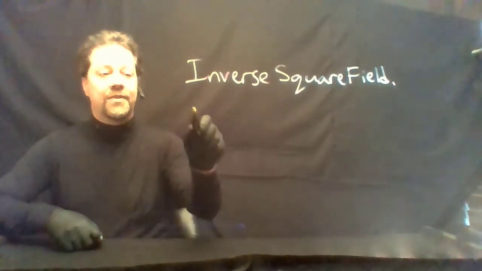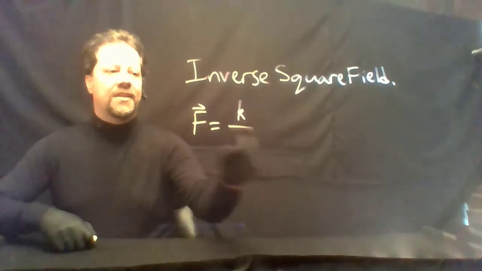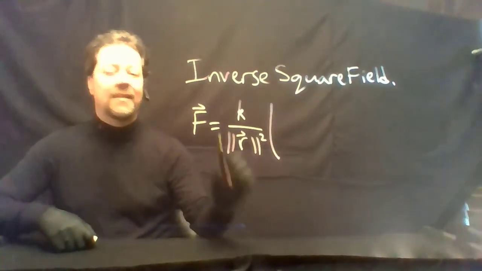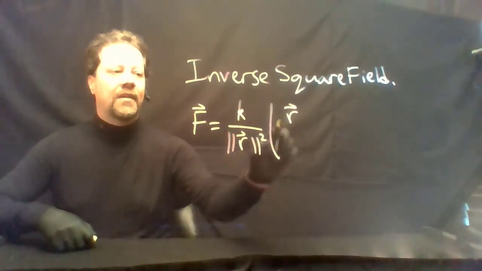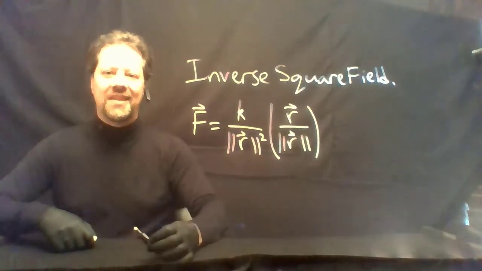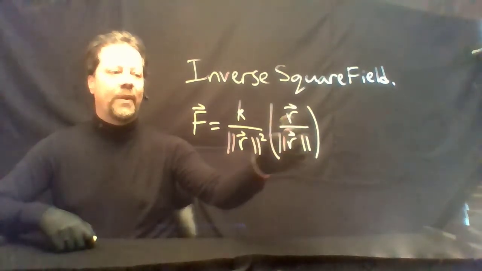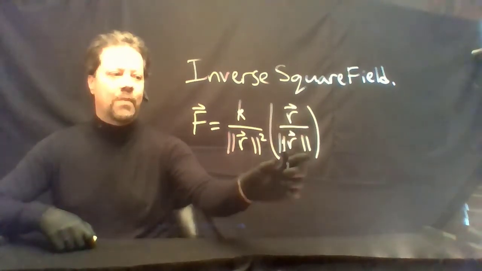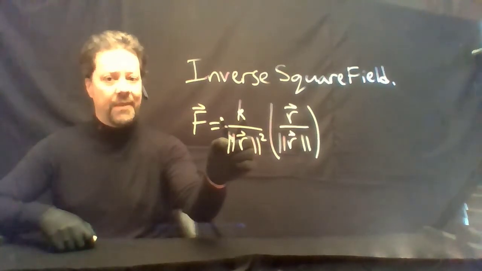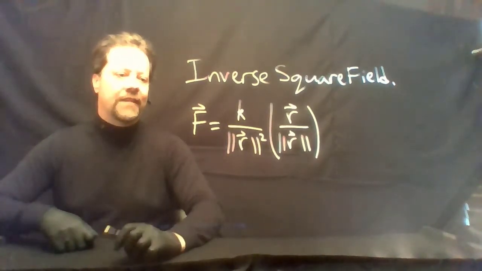A special type of central field is an inverse square field. An inverse square field is a vector field of the form a constant over the norm of the position squared times the unit vector r over the norm of r. As you can see, we're looking at a unit vector pointing away from the origin. We've normalized the position vector, and multiplying by some constant, could be positive or negative, divided by the norm of the position vector squared.